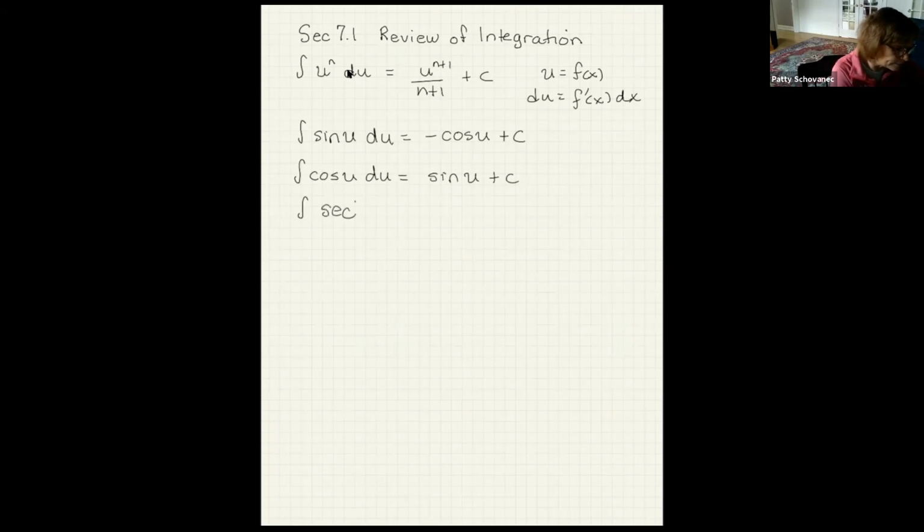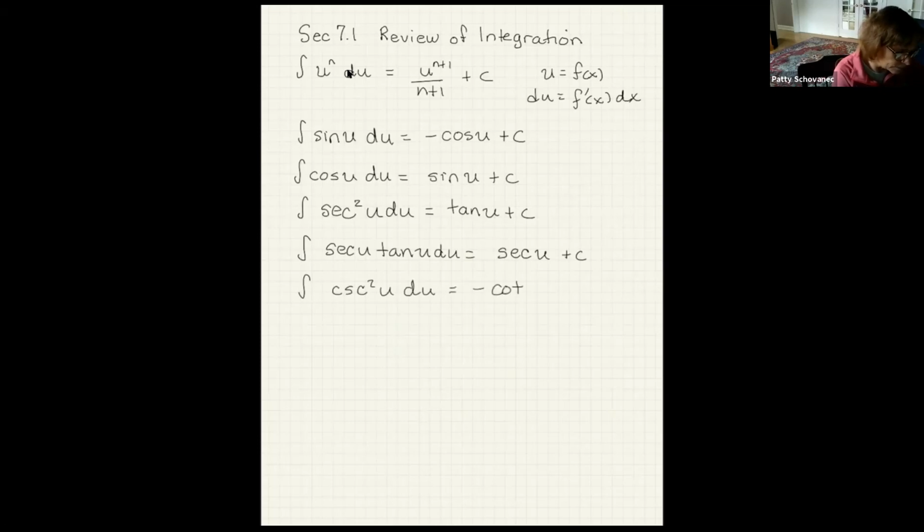secant squared of u, the function whose derivative is secant squared is the tangent. Then we had the integral of the secant of u times the tangent of u, and the function who has that as its derivative is a secant. Then we had a similar one for cosecant squared of u, and that one was minus the cotangent of u.